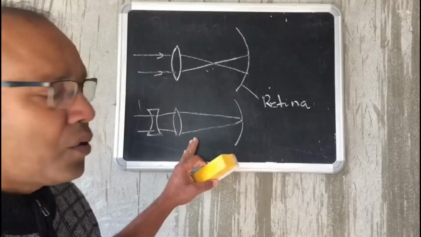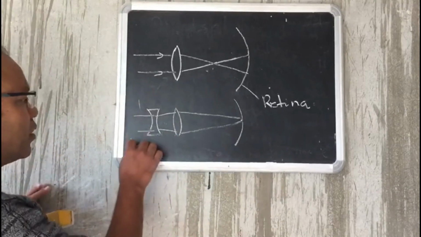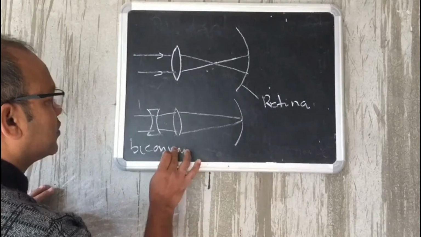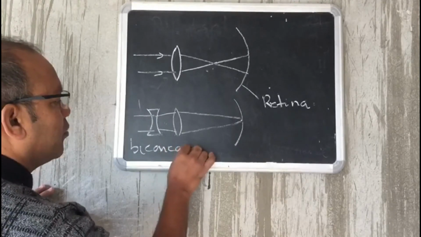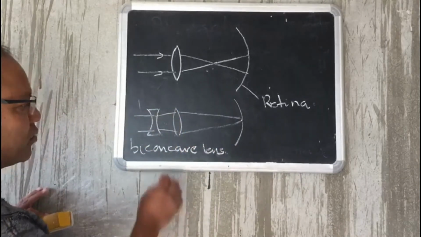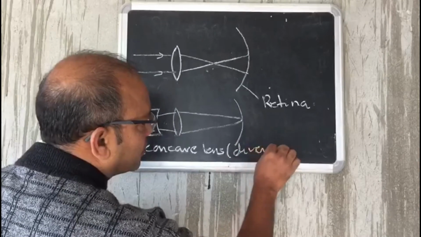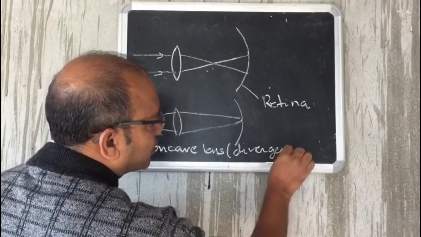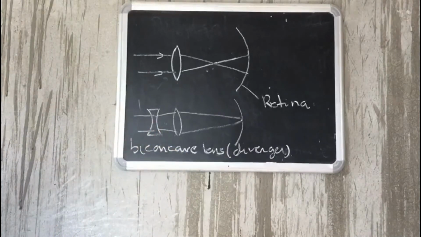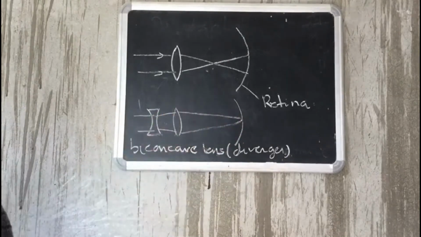So here, in the case of myopia, we use a biconcave lens to correct this. The biconcave lens diverges the light before it enters into the biconvex lens, and after that the light exactly falls on the retina.